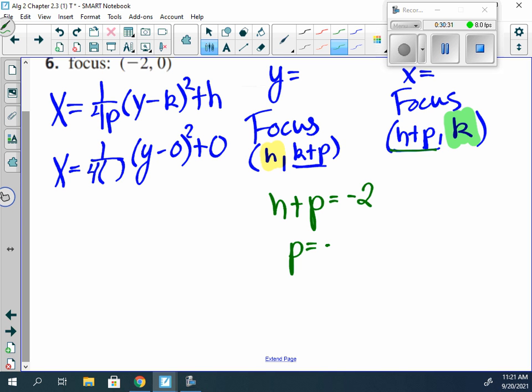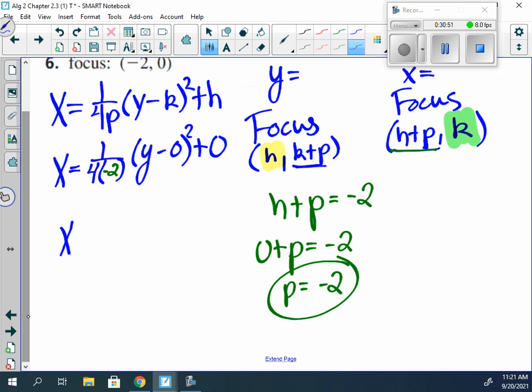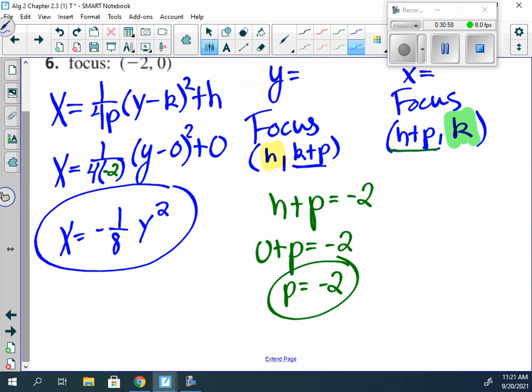So we really just have 0 plus p, or p is equal to -2. Now simplify, because 1 over 4 times -2, well, 4 times -2 is -8, so we get -1/8 y squared.